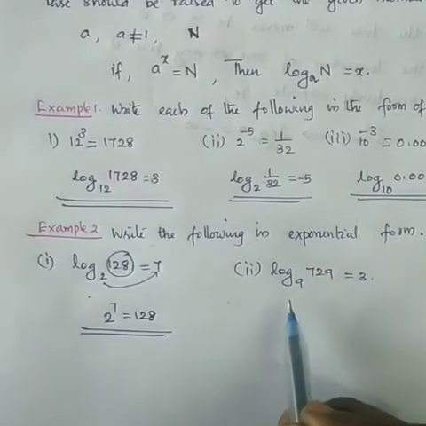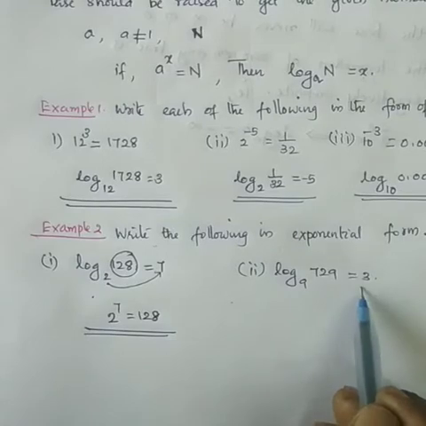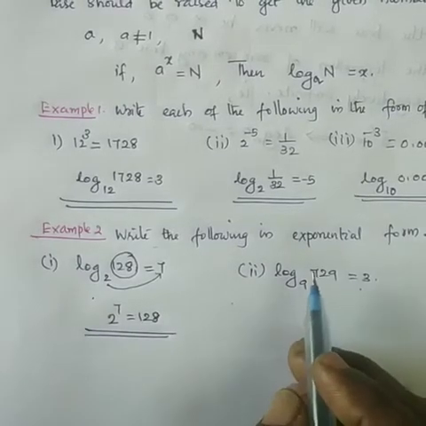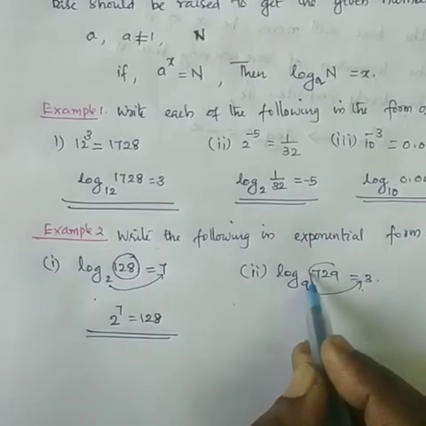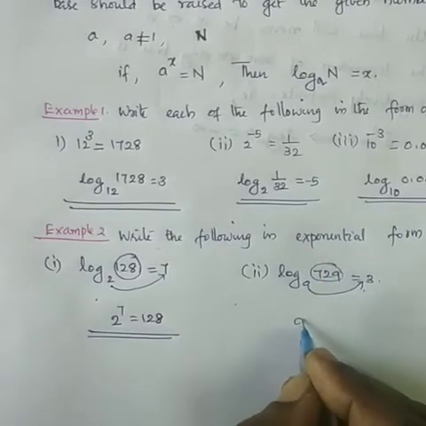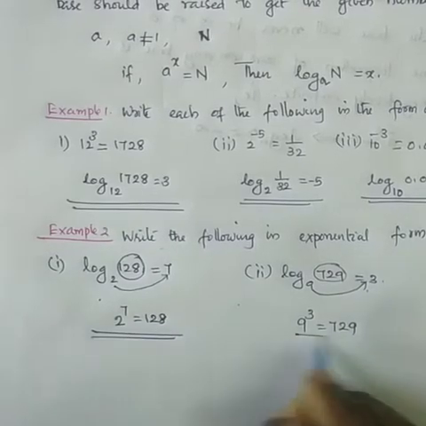Similarly, this one, log 729 to the base 9 equals 3. We can write this as 9 raised to 3 equals 729.